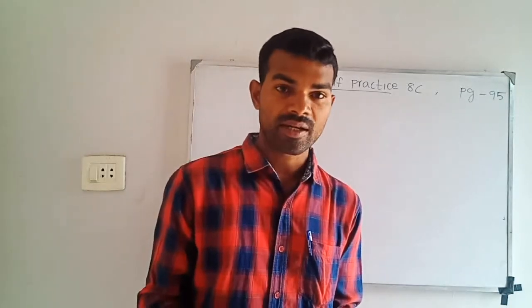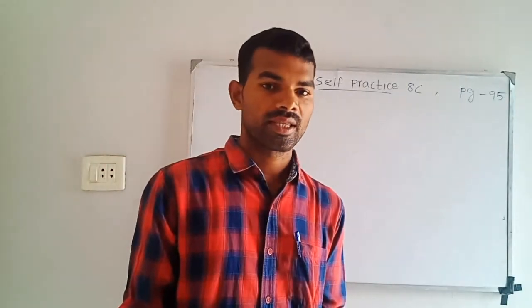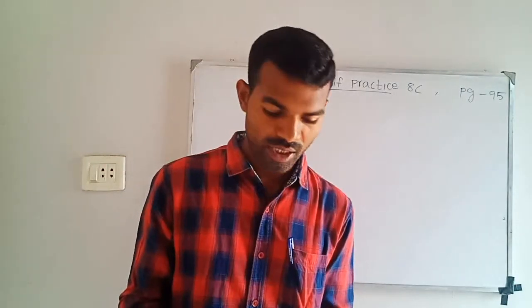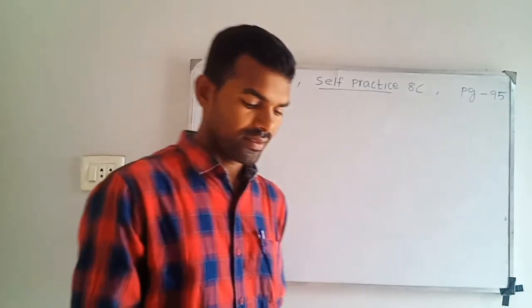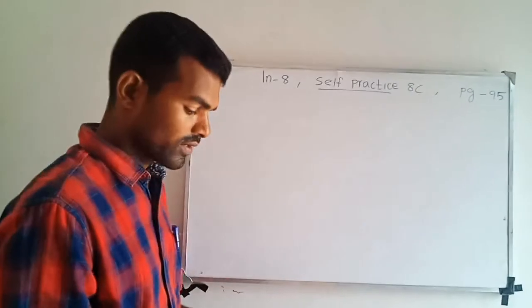What fraction of the class is taking part in the competition? Read the question one more time. Whatever is given, just collect it. From that we will go on to solve the problem.